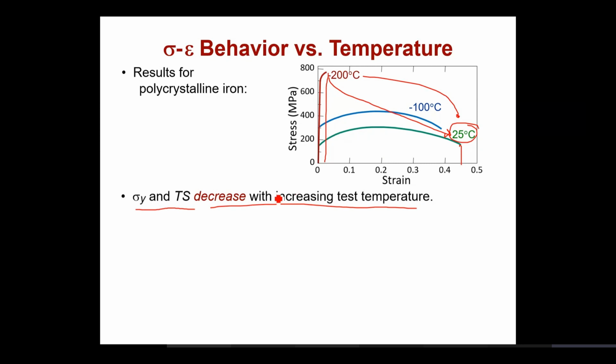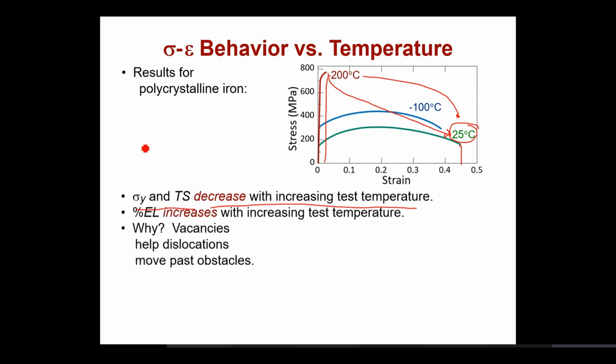That means the temperature has an opposite effect on the tensile strength and the yield strength. The reason being, if you remember, an increase in temperature basically increases the equilibrium number of vacancies.